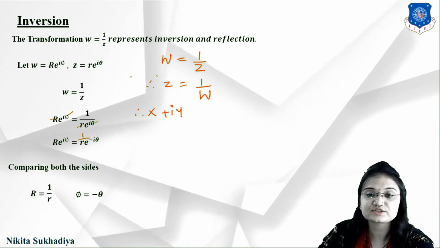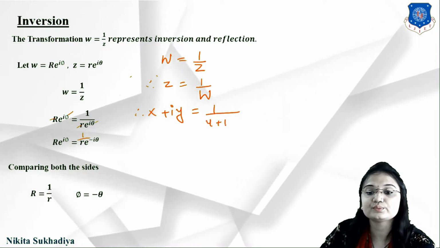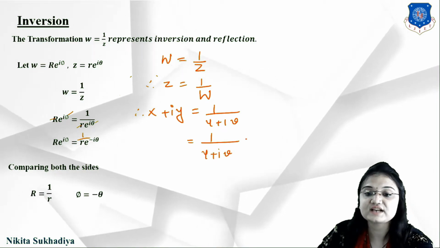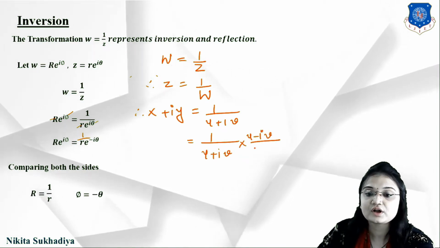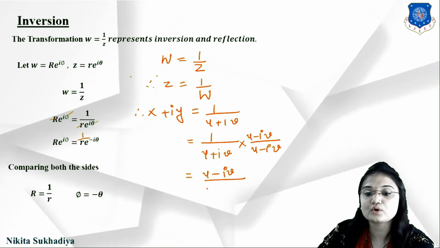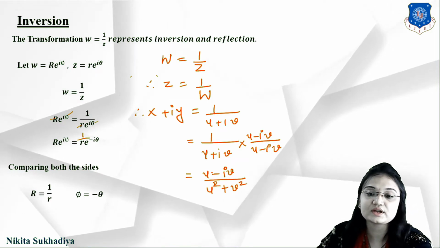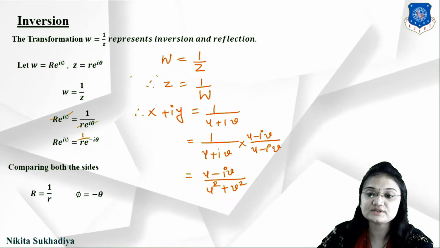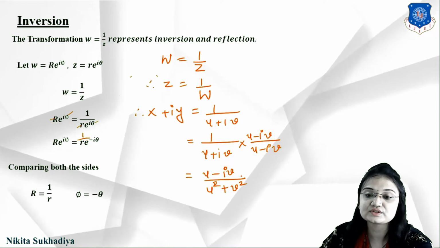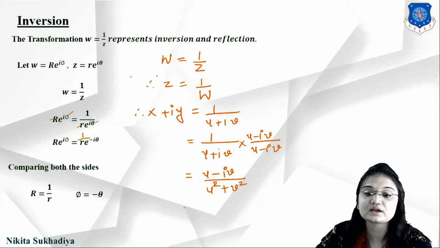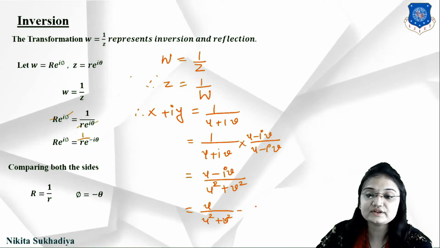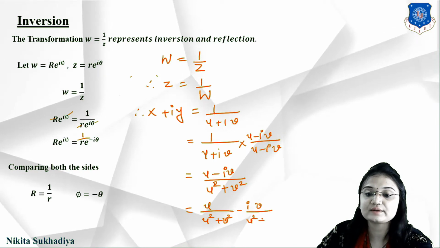Z is nothing but x + iy and W is nothing but u + iv. Taking the conjugate, this becomes 1/(u + iv) times (u - iv)/(u - iv), which is (u - iv)/(u² - i²v²), and since i² = -1, this becomes (u - iv)/(u² + v²). By separating, this is u/(u² + v²) - iv/(u² + v²).